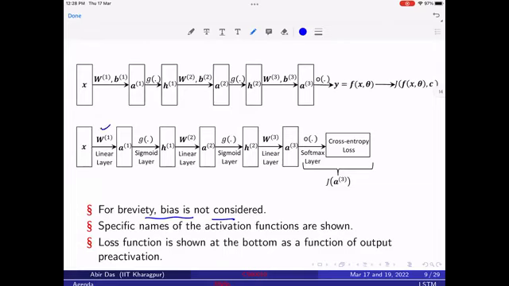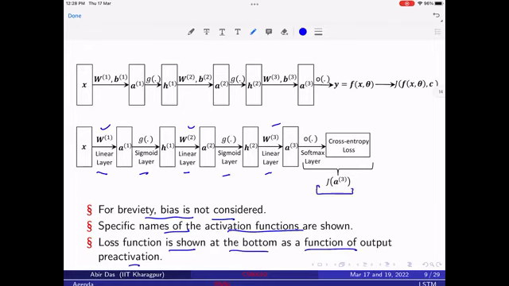So I have just given W1, W2, W3, etc. Specific names of the activation functions are shown for your convenience, to think about what W1 is and what G is. So linear layer, sigmoid layer. It can be sigmoid, tanh, ReLU, anything, but just one example. Again, linear layer, sigmoid layer, linear layer, and then finally, the loss function is shown at the bottom as a function of the output pre-activation.